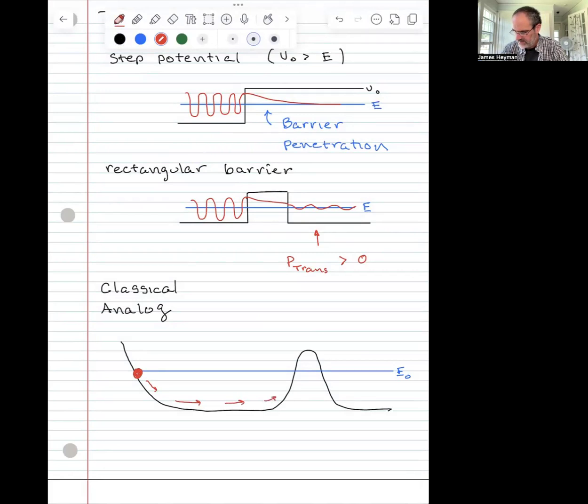And then it rolls up the hill at the barrier. But when it gets to the point where the energy is equal to the potential energy, the kinetic energy goes to zero. And so the particle turns around and comes back. There's a turning point here. And there's no situation where the particle can ever get over the barrier. So the transmission probability classically would be zero. Okay? So that's what's remarkable about this problem.